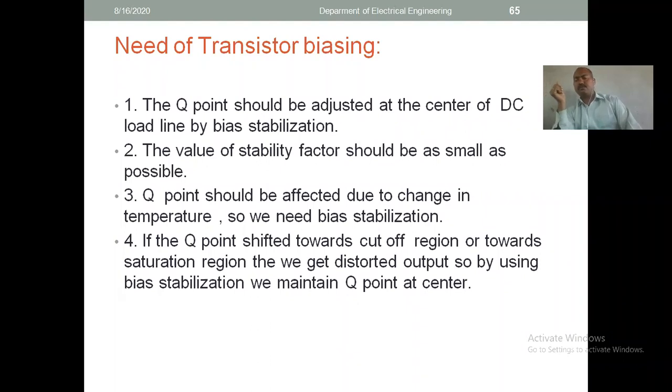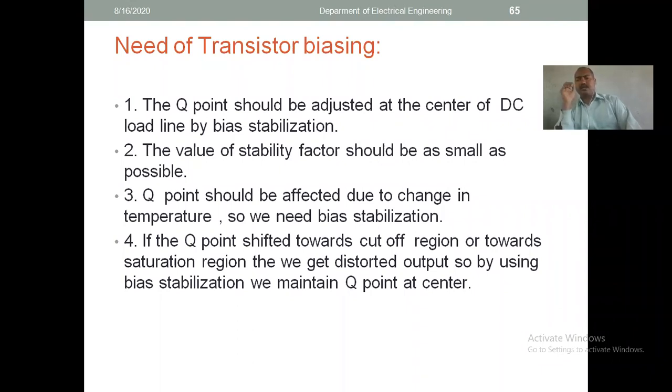That's why we require stabilization of the bias. Now see, another factor is if the Q point shifts towards the cutoff region or towards the saturation region, we get a distorted output. When we have to work as an amplifier, our operating point is at the center of the load line.